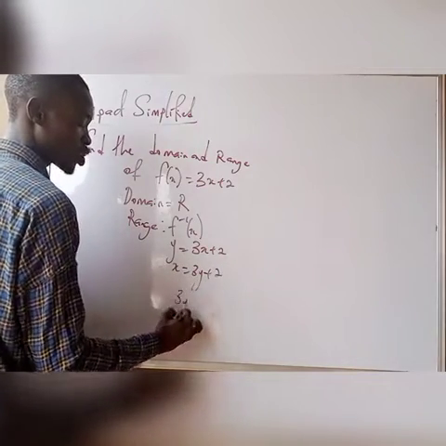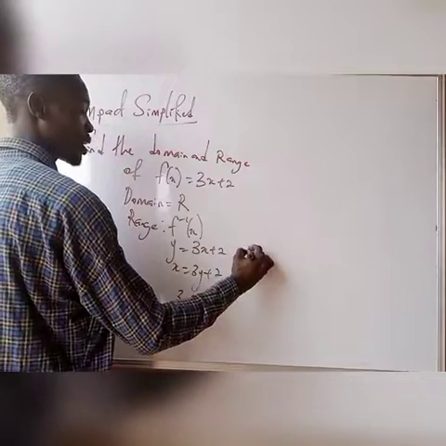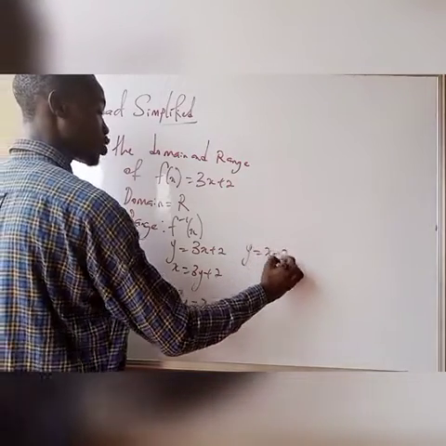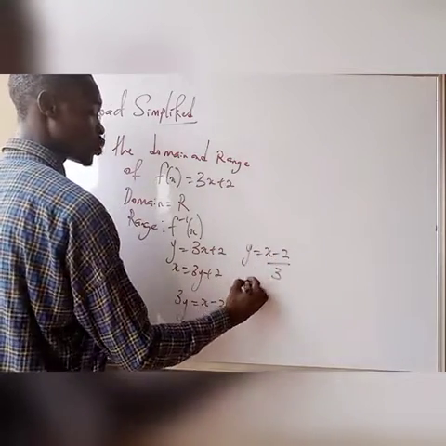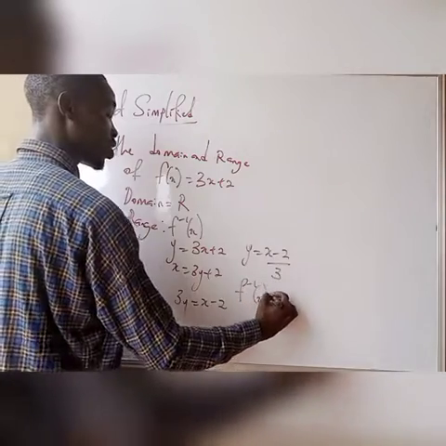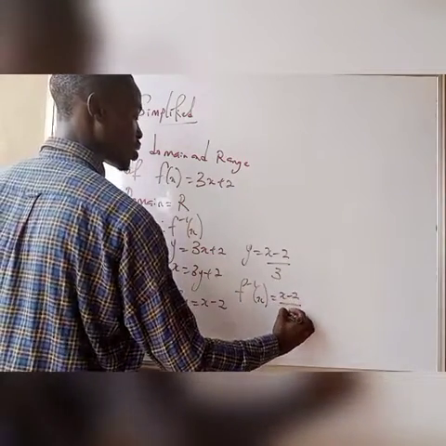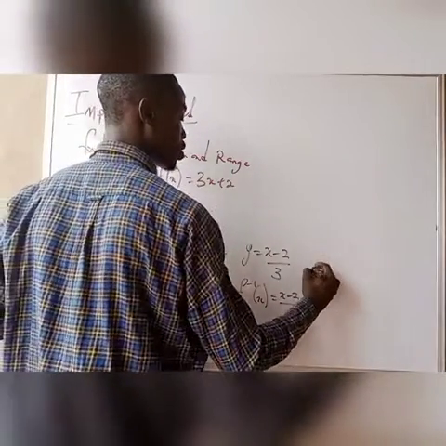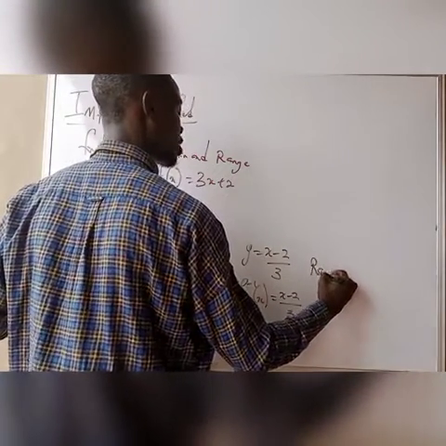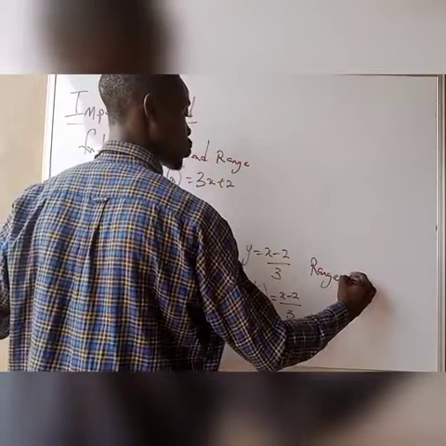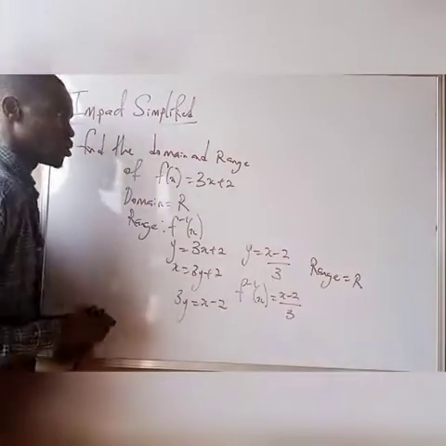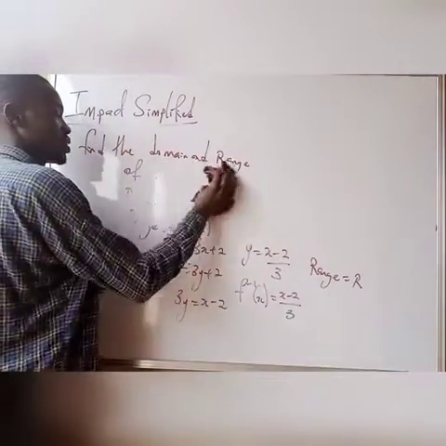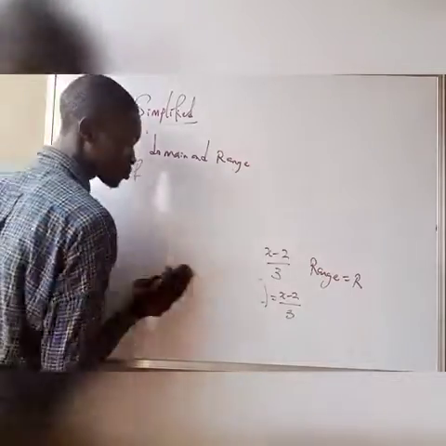Make your y the subject of the formula, and that will give us y is equal to x minus 2 over 3. And this is now your inverse of the function. And you can see it is also having non-denominator. And what is your range? Your range or your image will also be real.